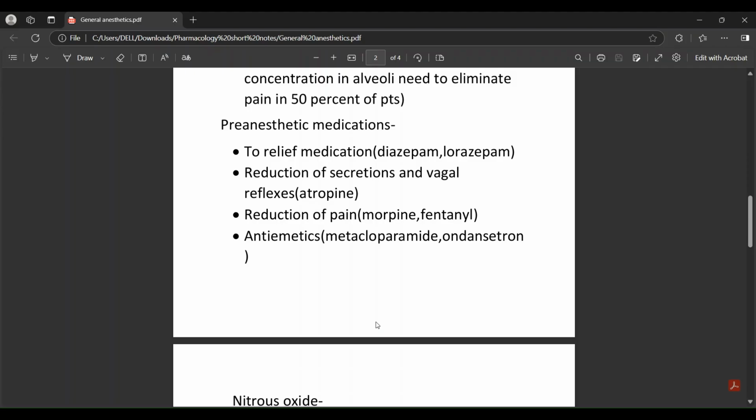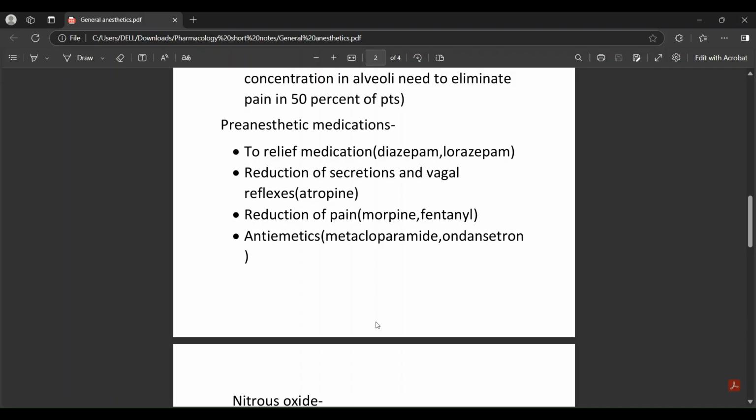Reducing secretion is to reduce post-operative pneumonia, because if surgery goes on for a long time, there will be more accumulated secretions. Bacteria could grow in that, so after the operation, pneumonia could develop. We do not need that. And to reduce vagal reflexes, to reduce vomiting, there are antiemetic medications.